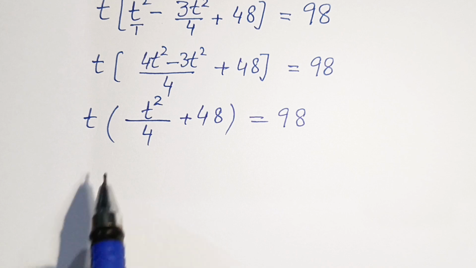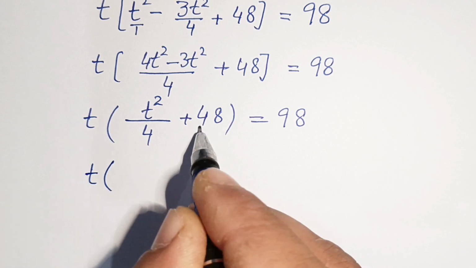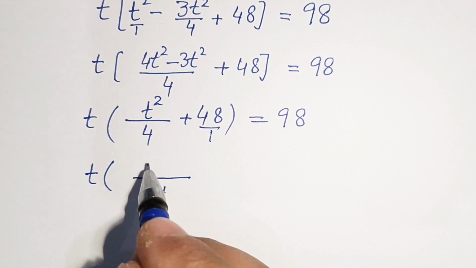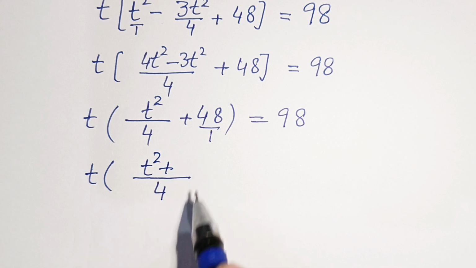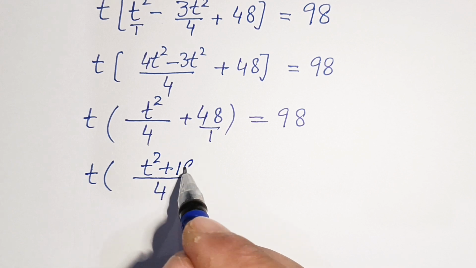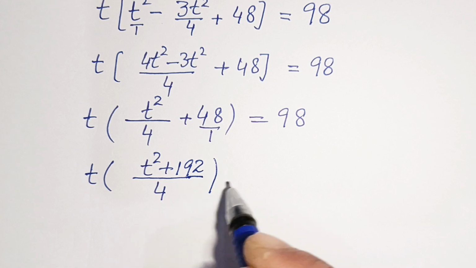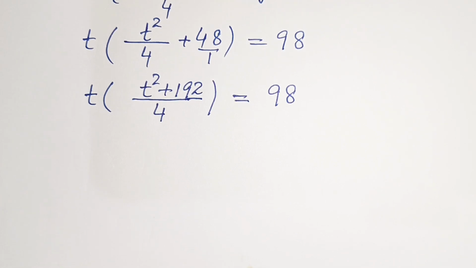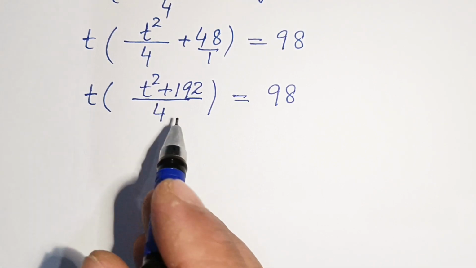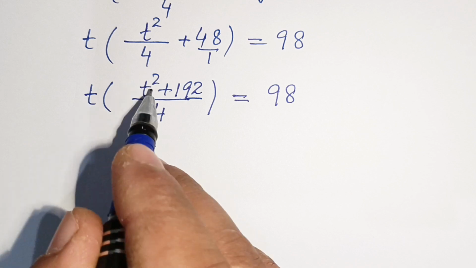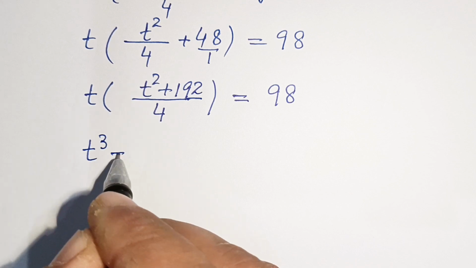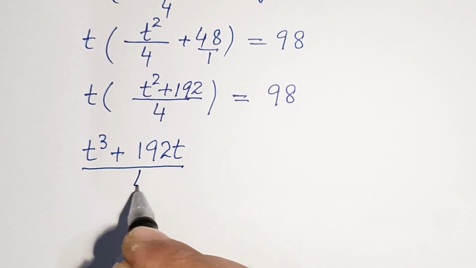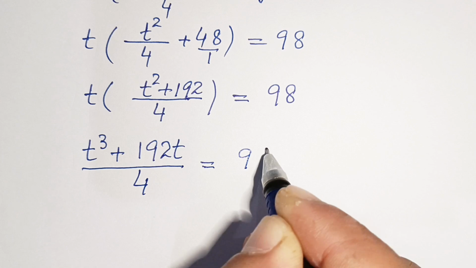So here denominator is 1, so taking this common multiple which is 4, so here t squared plus 4 times 48, here we have 192, which is equal to 98. Now our next step will be that t times t squared plus 192, so t times t squared is t cubed plus t times 192 t divided by 4 is equal to 98.